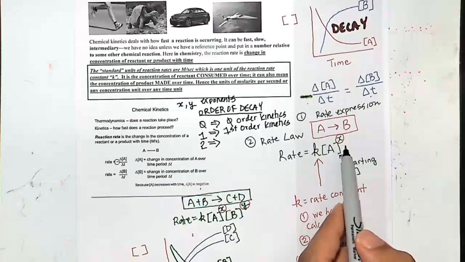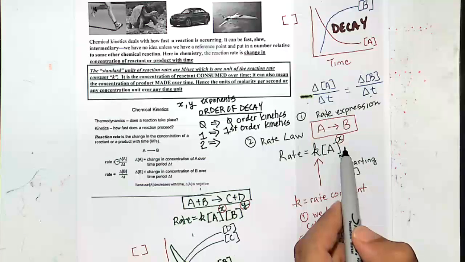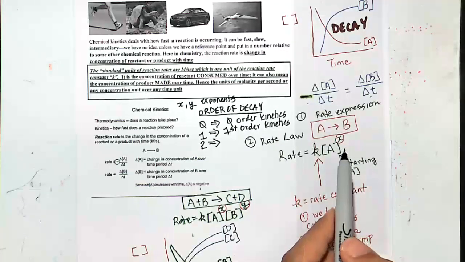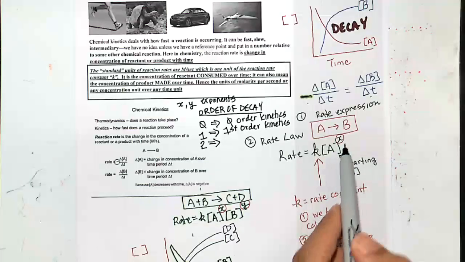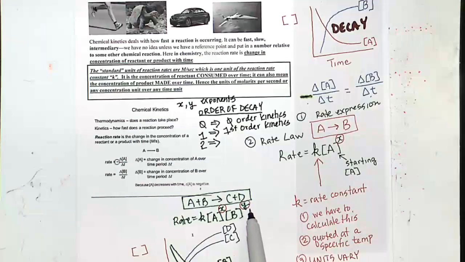If your exponent x is 2, that means A is decaying with second order kinetics and all those equations, second order half-life. If your y is 2, that means this reactant B is decaying with second order kinetics and all its associated equations, which are actually on page something in your book. Okay, page 9, I think.